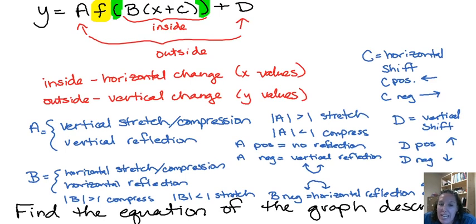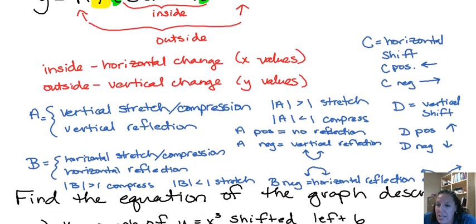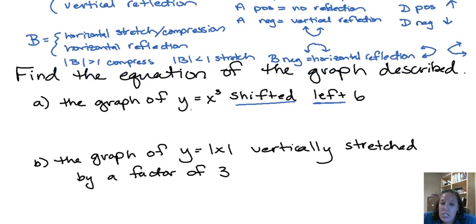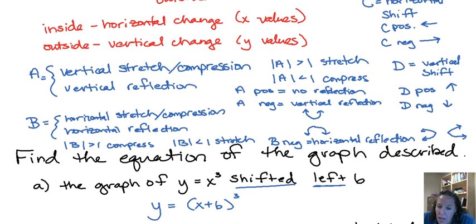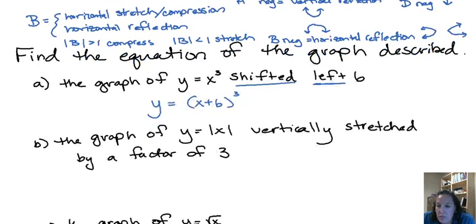So that's where we're adding or subtracting something to our x on the inside. So we're going to write this on the inside of our function. If we're going to the left 6, that means we're going to have a plus 6, because remember, anything on the inside does the opposite of what you would expect. So a positive number inside there is going to the left.